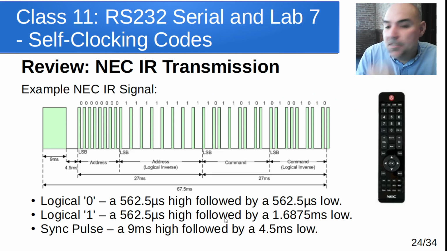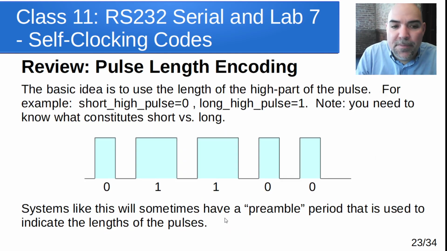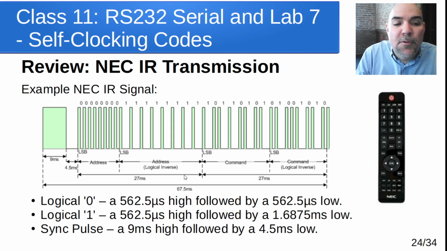One such system that we looked at previously that uses pulse distance encoding, not pulse length encoding, is infrared remote controls, the light that comes out of here, the way that's modulated. A 0 is short, short. A 1 is short, long.